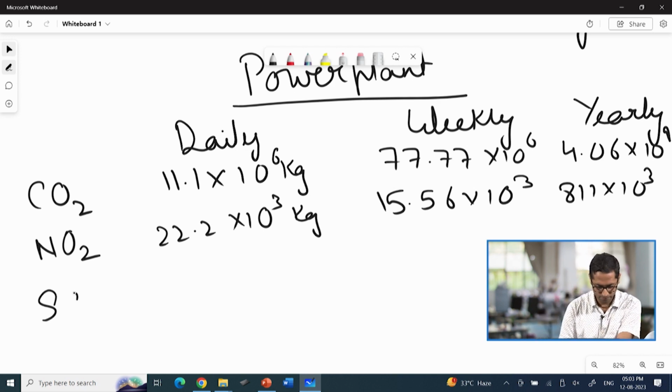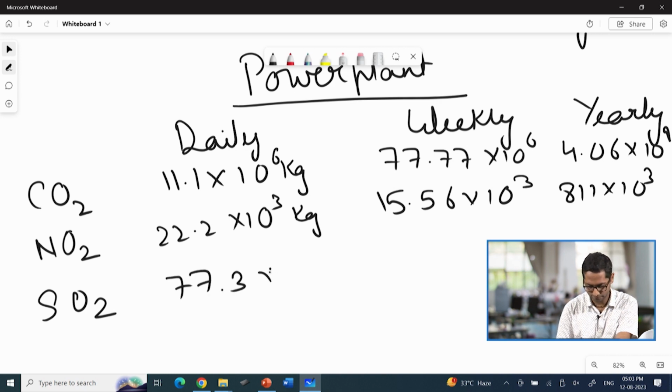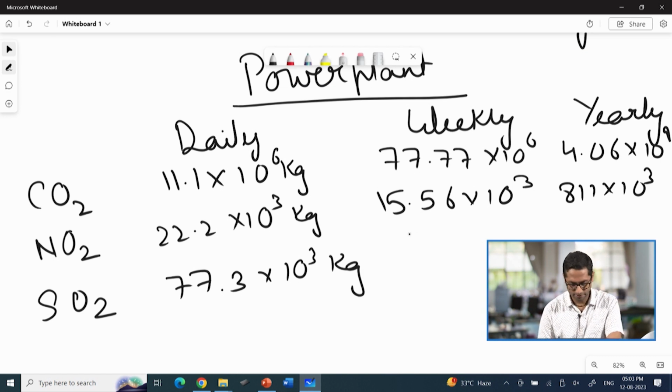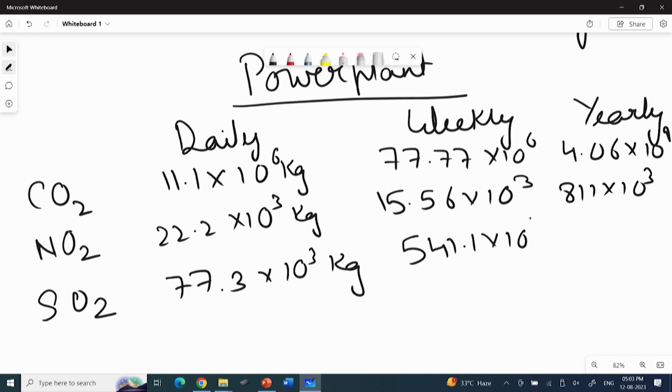For the SO2, we can have the values of around 77.3 into 10 to power 3 kgs. On a weekly level, this would be 541.1 into 10 to power 3, and then around 28.21 into 10 to power 6.